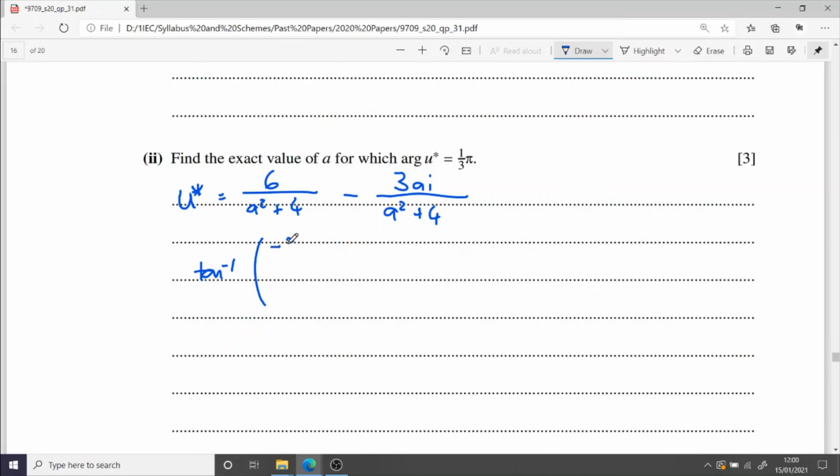So we have negative 3a over a squared plus 4 divided by 6 over a squared plus 4. And we know that that should be pi by 3.